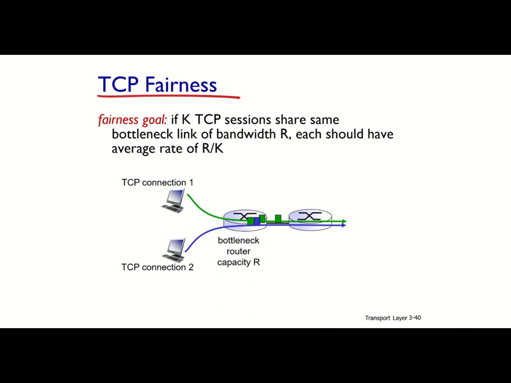If one connection uses more than R divided by 2, that's not fair, but TCP is set up in a way that it satisfies fairness.